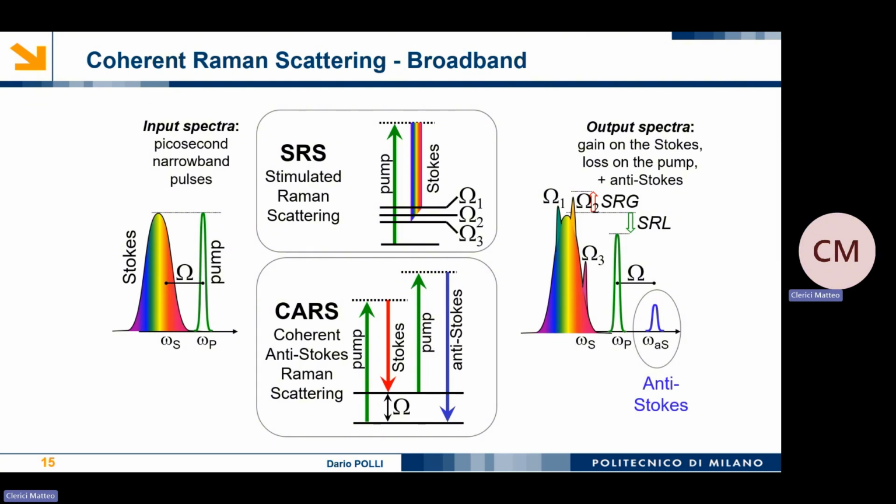And so what would you like to have? You need now a spectrometer capable of measuring millions of spectra per second, because you typically employ megahertz repetition rate lasers, modulated at megahertz repetition rate, because you need to be very quiet, so high frequency modulation to get low noise.